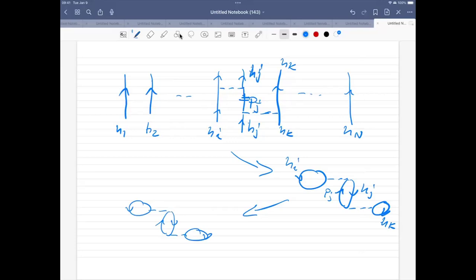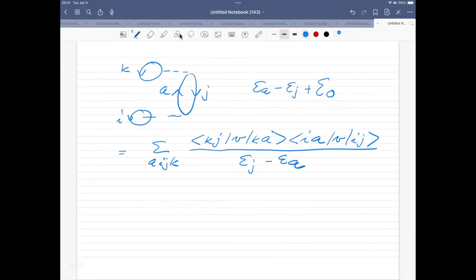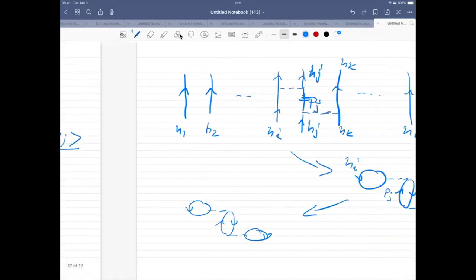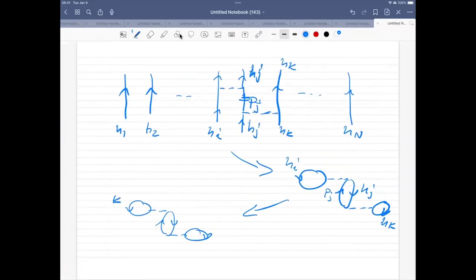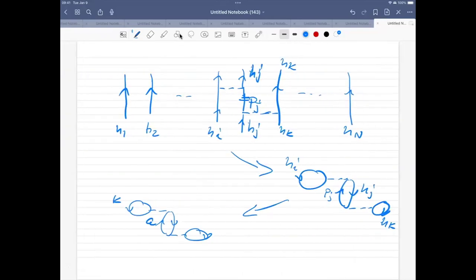It is topologically equivalent, because if you look at the matrix elements which are involved with the interaction, we are going to get the same expression. So if we look back at what we had here, we had a K, A, J, and I. So we would simply put a K, an A state, if we want to be consistent with what we had, a state J here, and a state I.